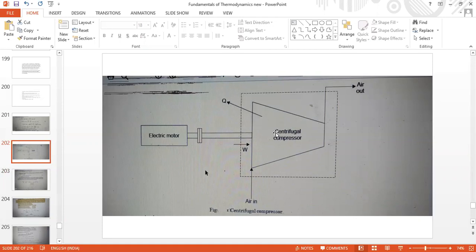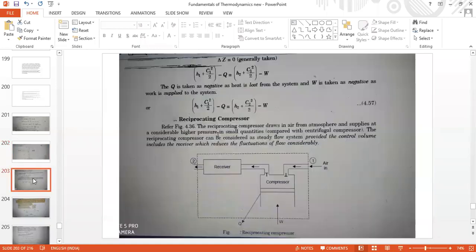Some rejection of heat may be there while the compression is going on. Therefore, rejection of heat is shown to be negative here, and W is shown to be negative.